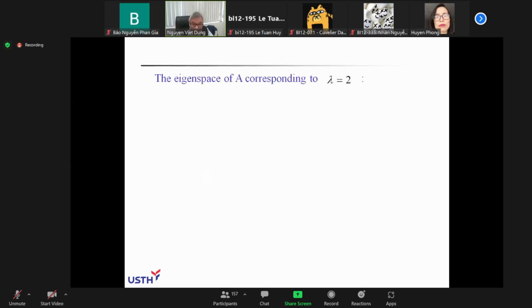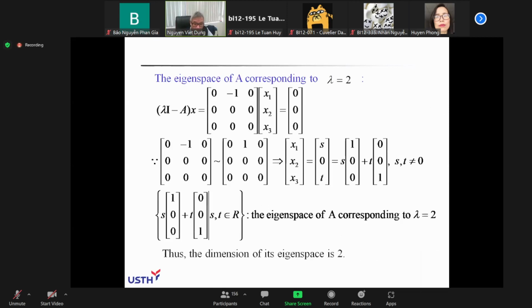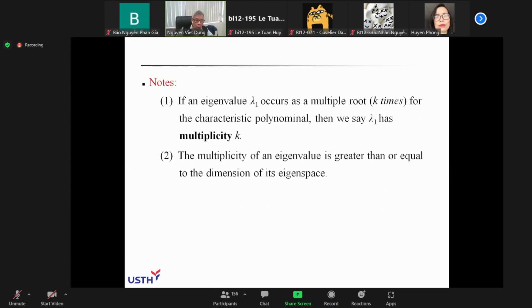So we have an observation saying the multiplicity of an eigenvalue is greater than or equal to the dimension of its eigenspace.